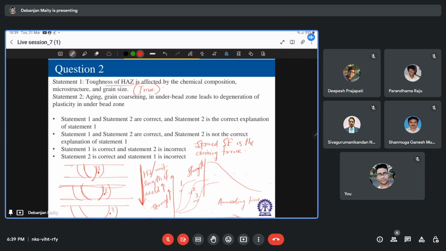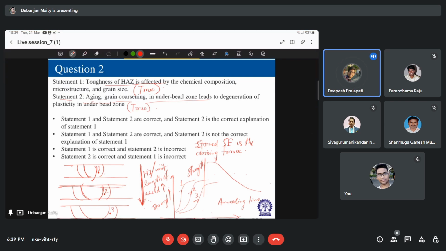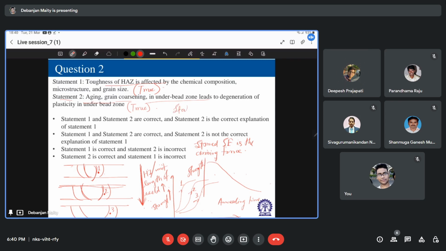And it also says that aging grain coarsening in the underbead zone leads to degeneration of plasticity in the underbead zone. This is also true, right? Yes. But is this the correct explanation for statement one? No, I don't think so. Statement two is not the correct explanation.